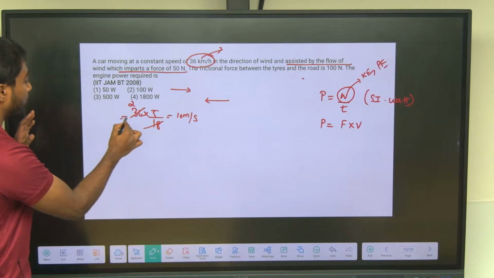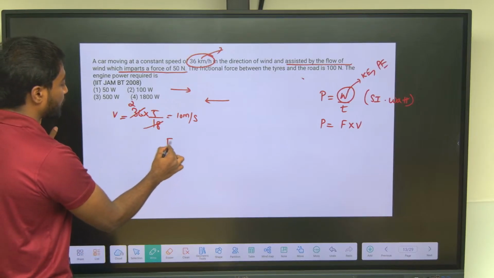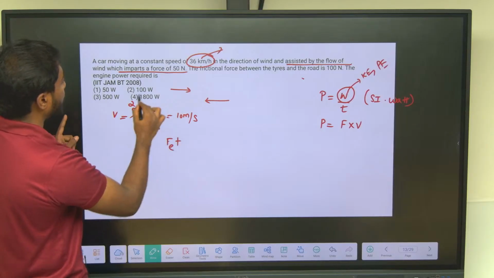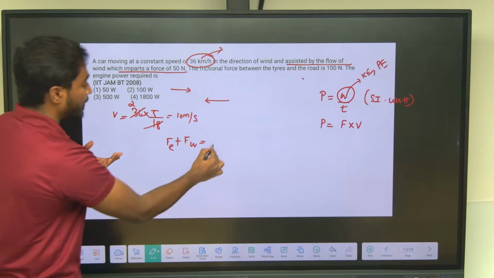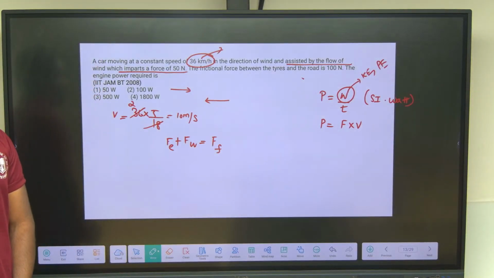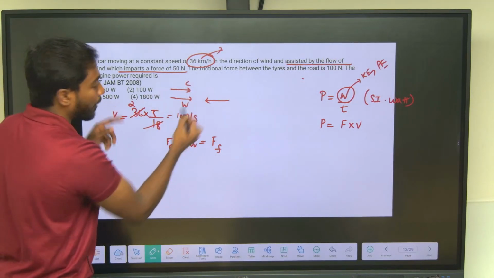This is about speed. Now can I say that force of the engine, that is the car, plus force of the wind will be equal to force of the friction? Yes, no? This is the car, this is wind and this is the opposing direction, no?